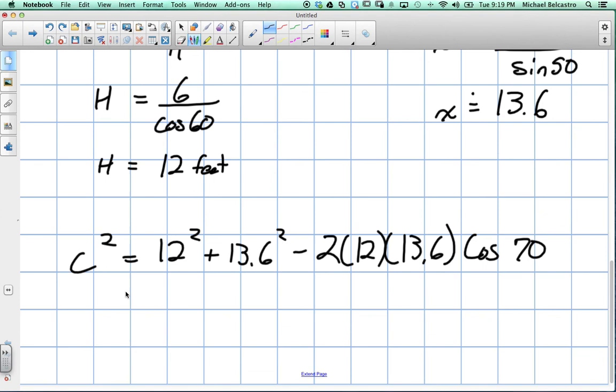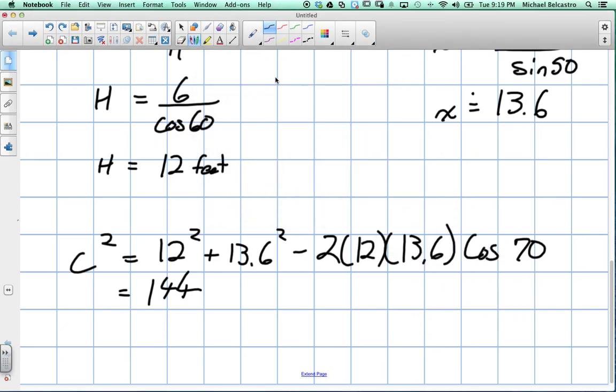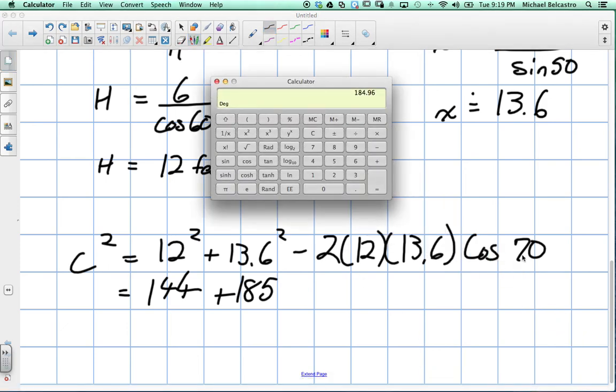So we're going to go quickly about solving this. 12 squared is 144. 13.6 squared is 184.96. I'm going to round that, and that's actually going to round to 185. So it won't be perfect, but we're very close here. We'll then solve all of this in one shot.